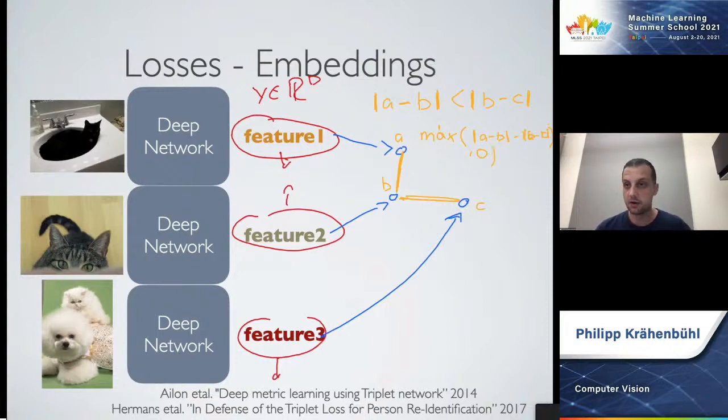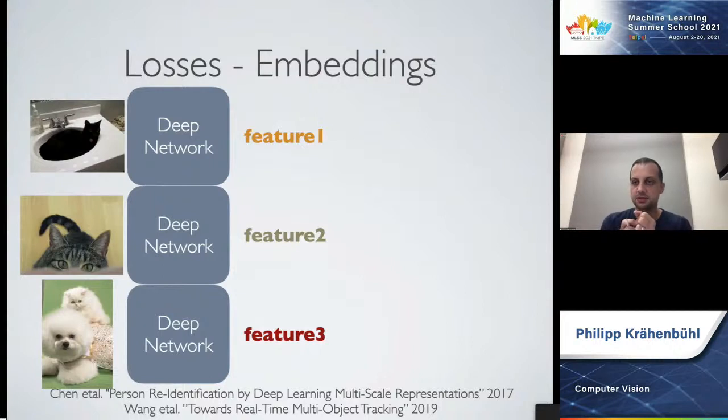Now, a much simpler way to get to the same goal is to actually phrase this secretly as a classification problem. You can do this by essentially saying that everything that you want to group together in a triplet loss, you're going to assign it one ID or one feature vector. So if the goal here is to get an embedding for cats, you can just classify these as cats using a classification loss like a log likelihood or log softmax.